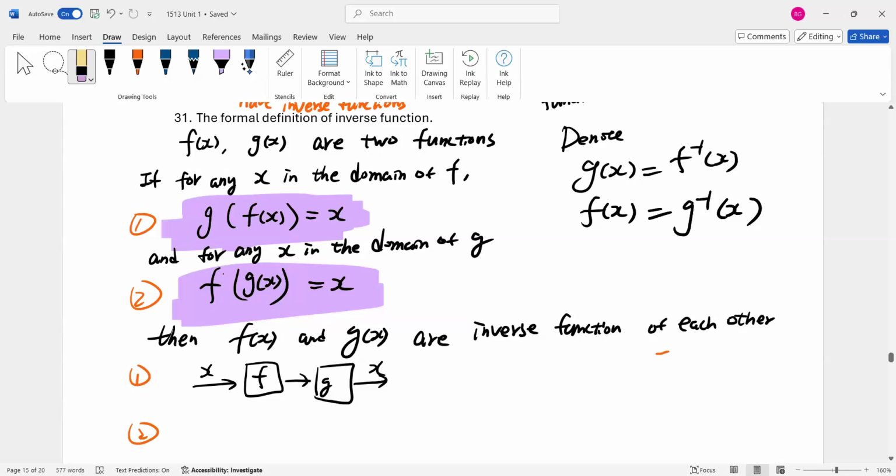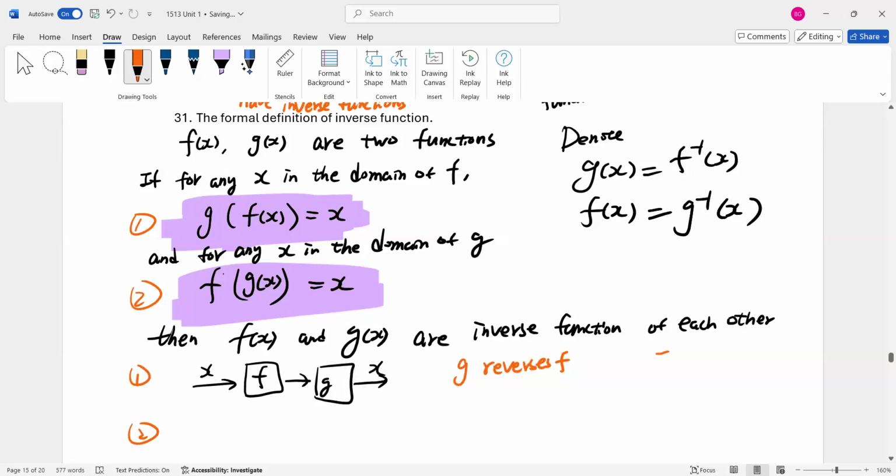If for any input, after the input goes through f and then through g, the final output is itself, that means g reverses f. Whatever f has done to the input, the machine g reverses that.